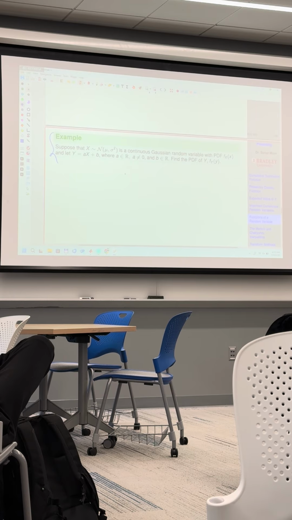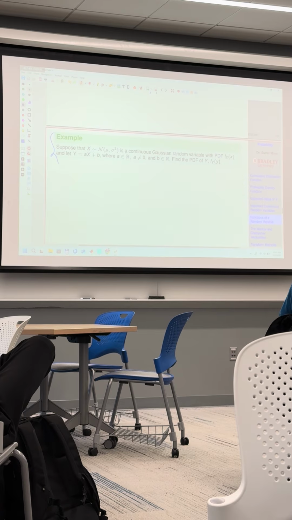You have x is a Gaussian random variable with mean mu and variance sigma squared. Please pay attention. Even though some part of the code is given, there is an additional part that you need to do. So please pay attention to this part.